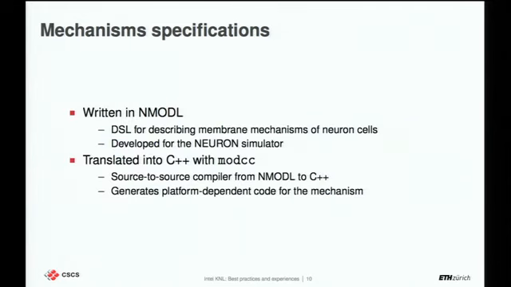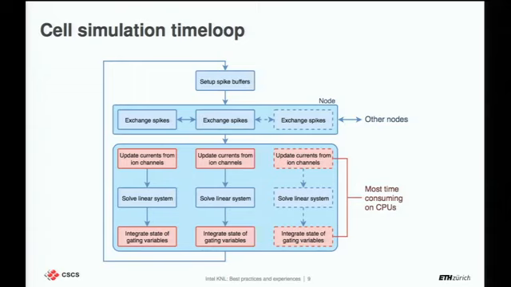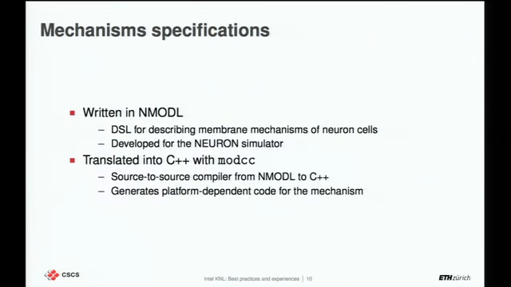So the key thing now is that the code that is associated with these steps can be generated from, or specified in, this domain-specific language. And so the user can write in this language, and this is translated to the most time-consuming part of the kernel. So it is crucial to implement this efficiently.